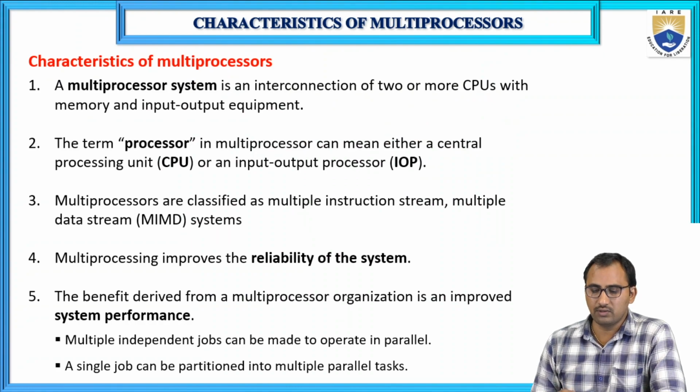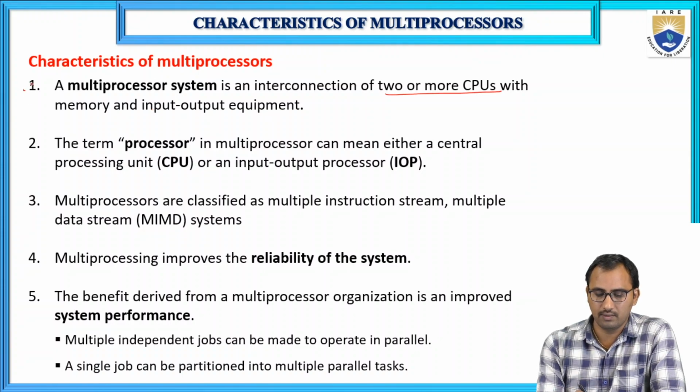And coming to the characteristics of multiprocessors, the multiprocessor system is an interconnection of two or more CPUs with memory and input-output equipment. The second characteristic is that the term processor in multiprocessor can mean either a central processing unit or an IO processor.